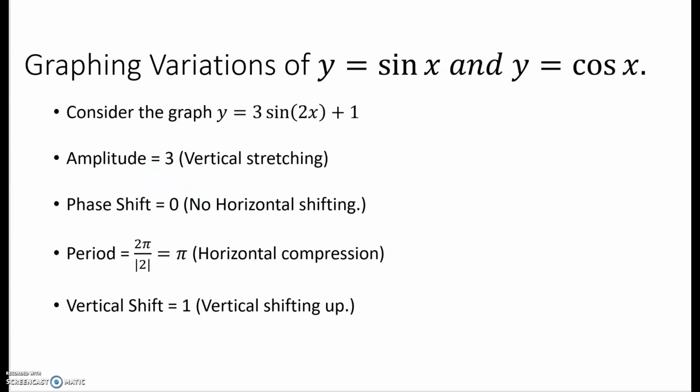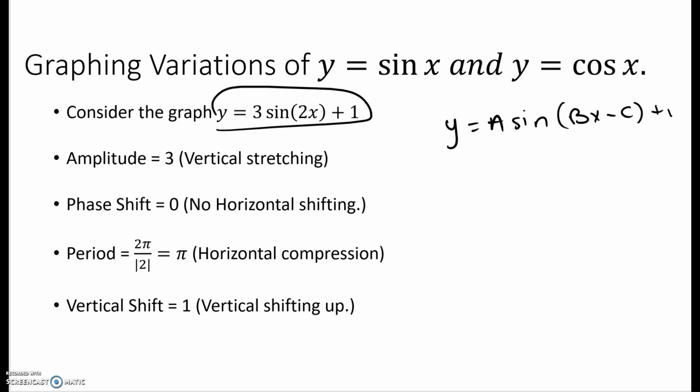Okay, now if we look at this graph right here, 3 sine of 2x plus 1, we want to go through everything we can about this graph. So your amplitude, remember that is A, and A is at the very beginning. Here's our general form.